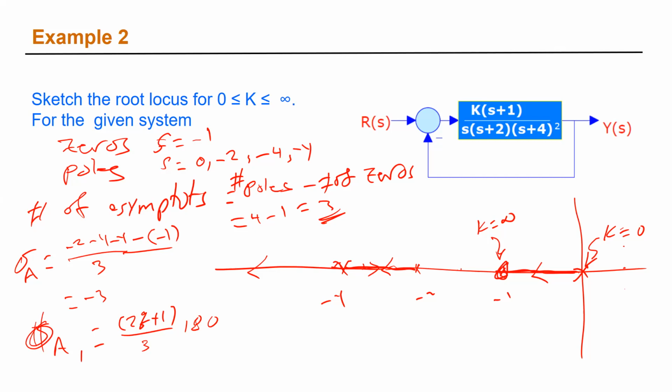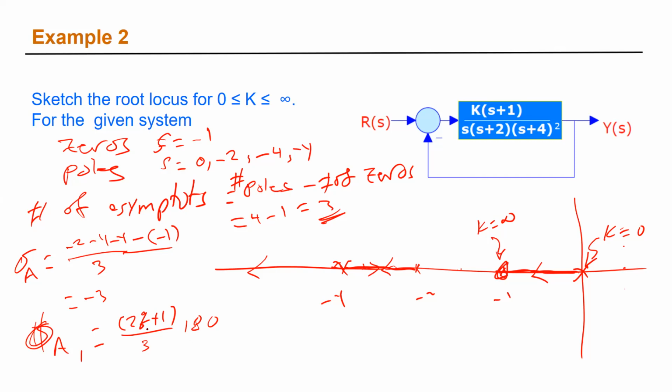We have 4 poles and 1 zero, so the difference is 3, which means that I have 3 zeros at infinity, and the locus must go to infinity in 3 directions. That's basically what we are saying, so we use the 3. Sigma A equals the summation of the poles minus the summation of the zeros divided by the number of asymptotes. This is where I position my asymptotes.